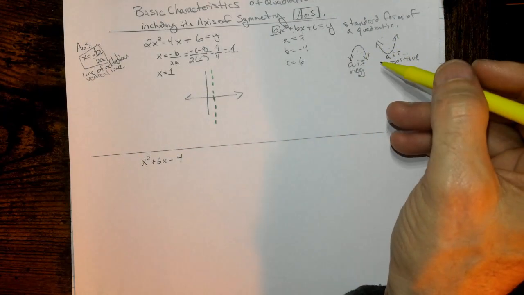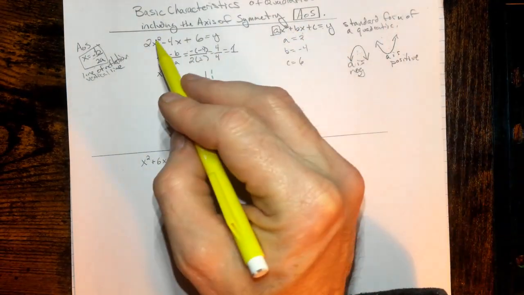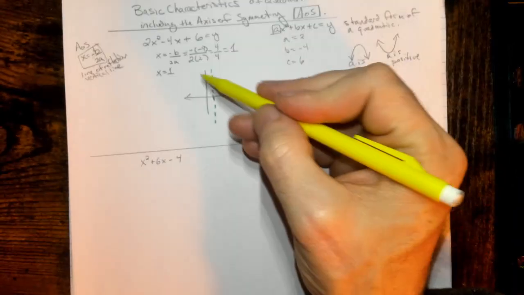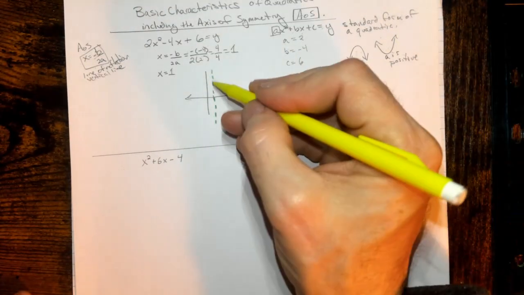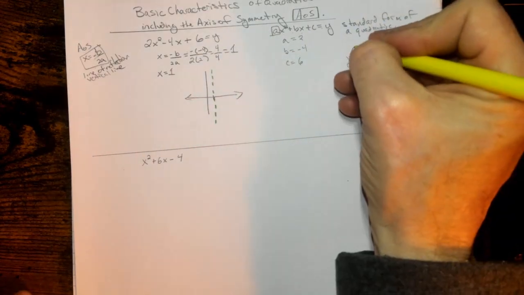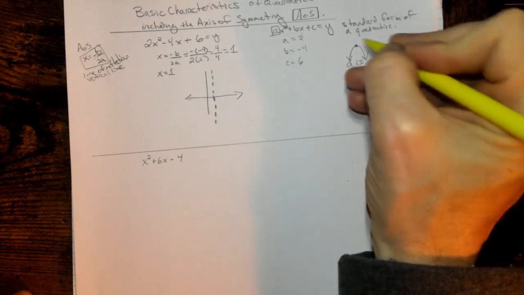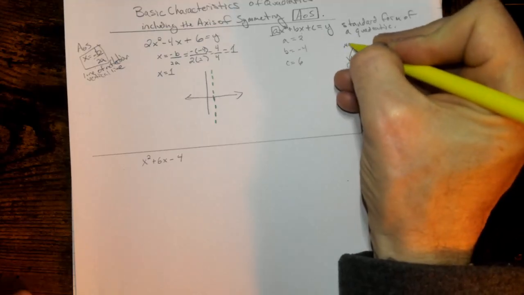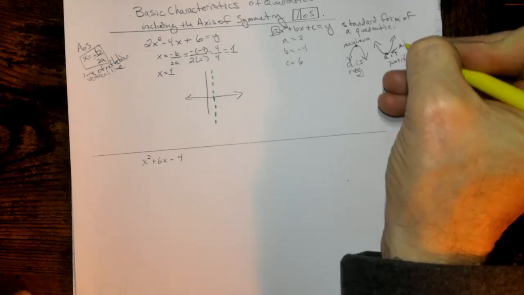All right. So we know that this parabola, based on the value of 2 being positive, should face up. And now I know that I have a vertex, which is going to be the point that is the highest or lowest point, and we call them maximums or minimums on the curve.